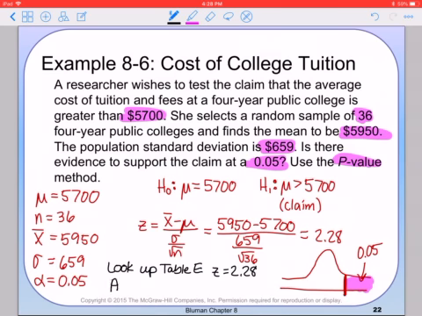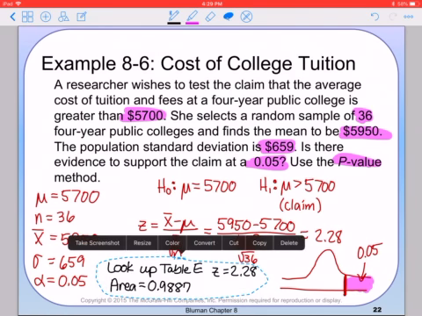Then we find that the area equals 0.9887. All right, so that's the part that I'm actually going to copy, and we'll go on to the next slide. So we have that area.